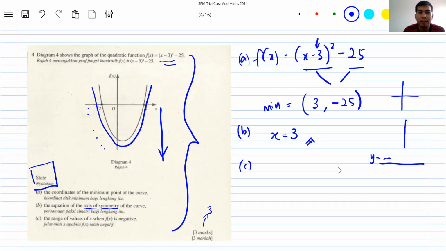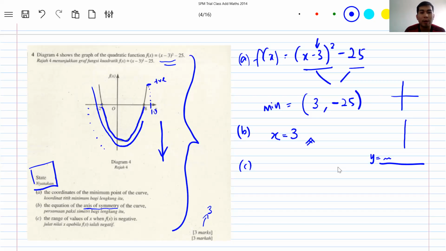If the root is 8, and x is more than 8, say x is 10, f(x) is positive. That's wrong, you want it to be negative. So it is only negative in this portion of the graph.